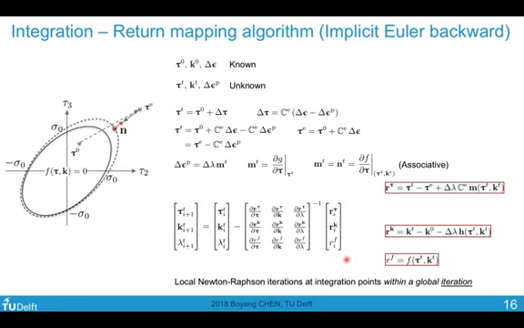This is an implicit algorithm, so it is unconditionally stable. We can afford to use larger increments. But the drawback is that now we need to perform local iterations within a global iteration at each integration point.